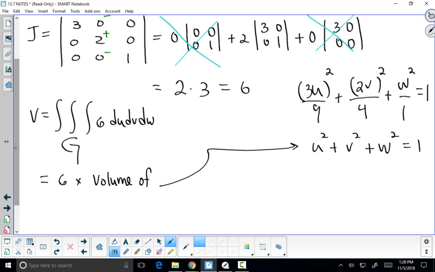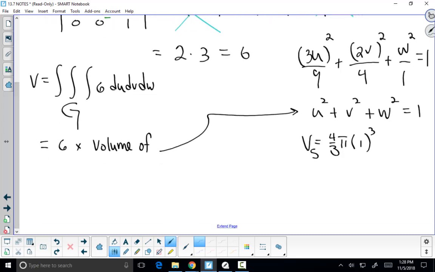So what is the volume of a sphere of radius 1? 4/3 pi r cubed is the volume of the sphere. So the volume of a half sphere will be 2/3 pi. So this all becomes 4 pi, 6 times that.